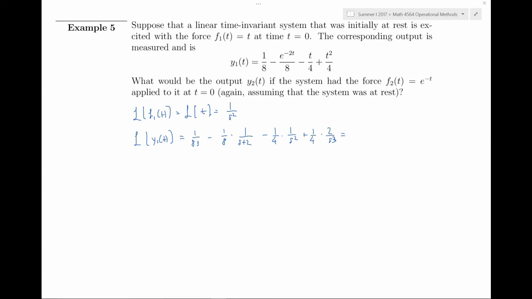In order to see the system transfer function, we need to simplify this fraction. And this simplifies into 1 over s cubed times s plus 2. And therefore, we can rewrite it as 1 over s times s plus 2 times 1 over s squared, which was the Laplace transform of the input signal.